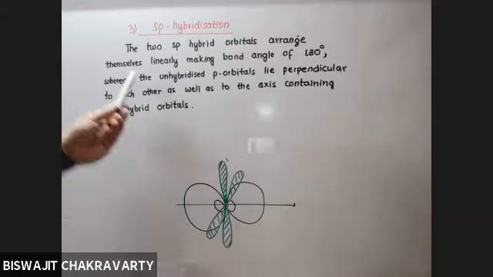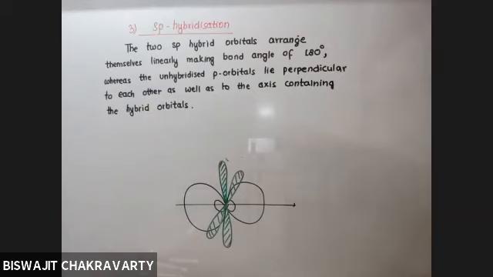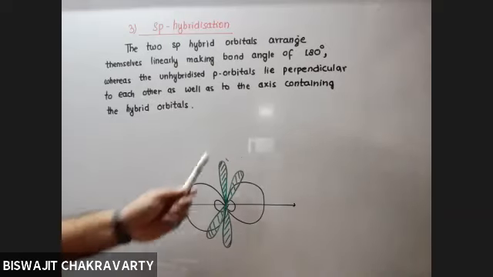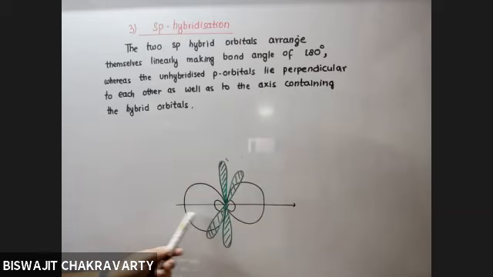So this is what we have written, whatever we have drawn here. So a total of 3 axes exist, and in sp hybridization, one of the axes will be taken by the hybrid orbitals, and the rest 2 will be taken by the unhybridized p orbitals. So these are 3 axes which are mutually perpendicular to each other.